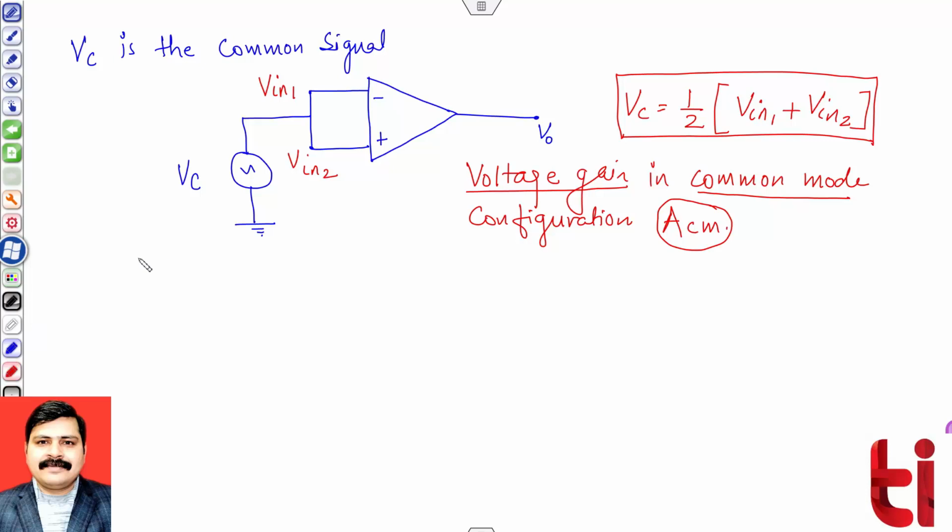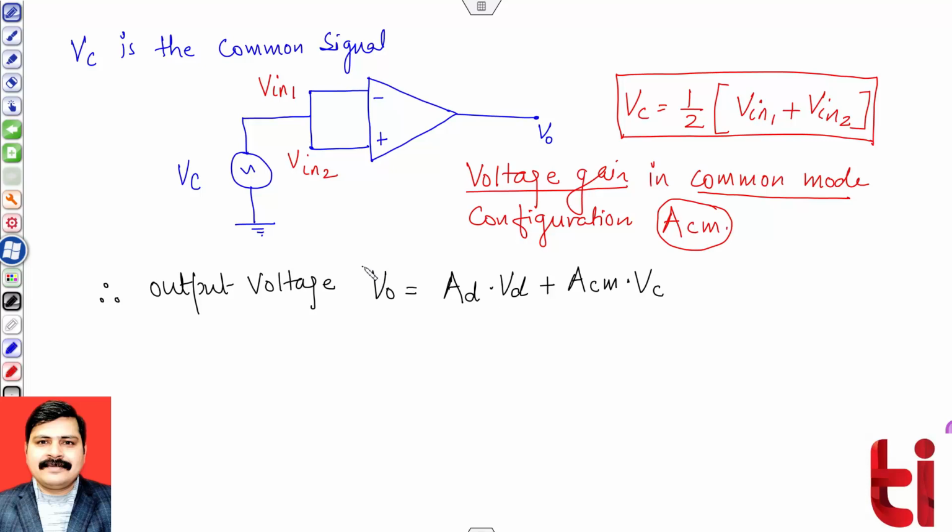Therefore, my output voltage V naught will be AD, my differential voltage gain, multiplied by the differential input voltage VD, plus the common mode gain ACM multiplied by the common mode signal VC.